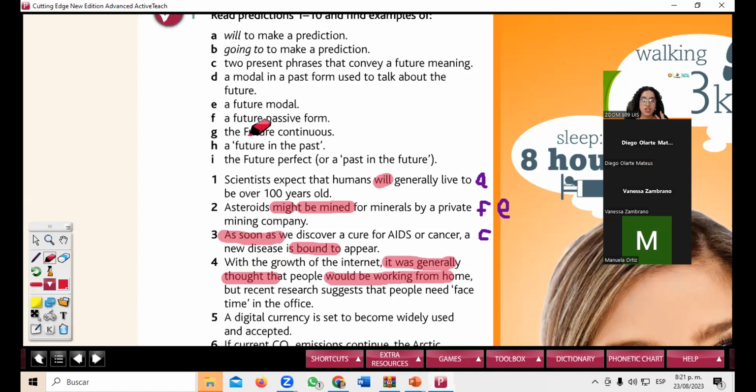So this is H, this is the future in the past. Se pensaba que las personas trabajarían desde casa. So this is like the future that was thought about in the past, okay? So yeah, it can be a little confusing, but the answer here is H. This is the future in the past, okay?